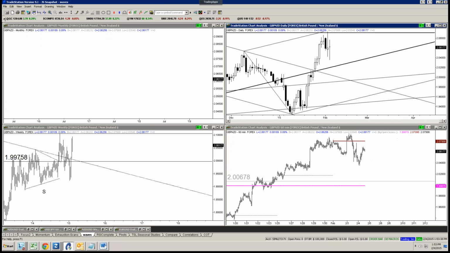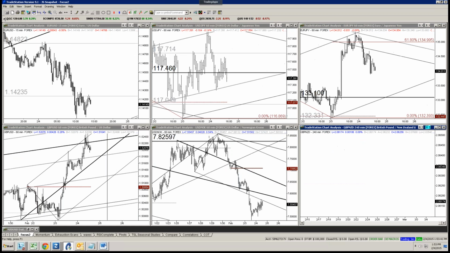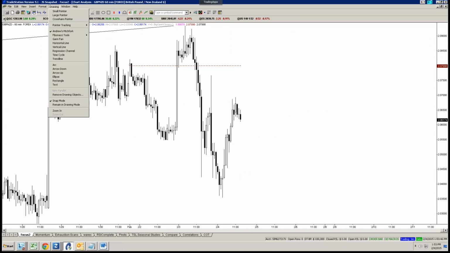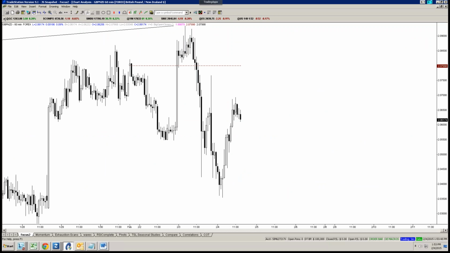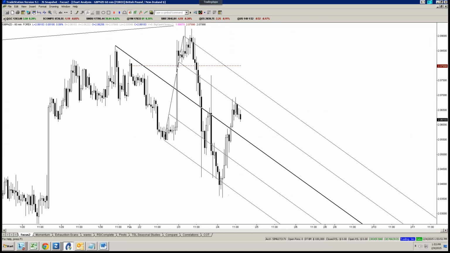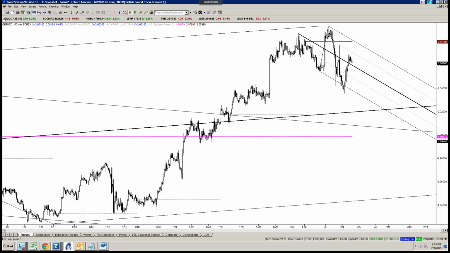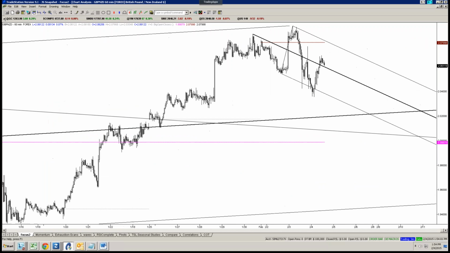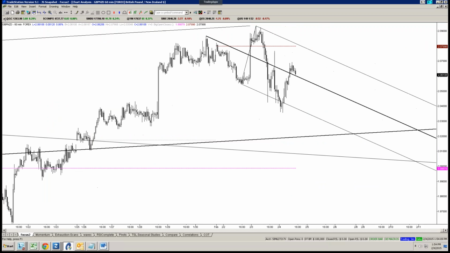Now, if we want to go a little shorter term, say a 60-minute chart, and if you wish to trade this to the downside, which again, I'm of the mind that commodity currencies over the next, at least week and a half or so, have a little outperformance to do. You can see that you have a potential downtrend developing within this construct here.